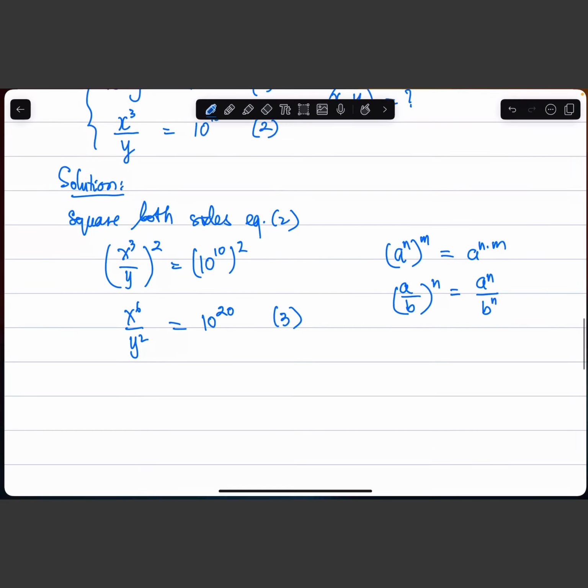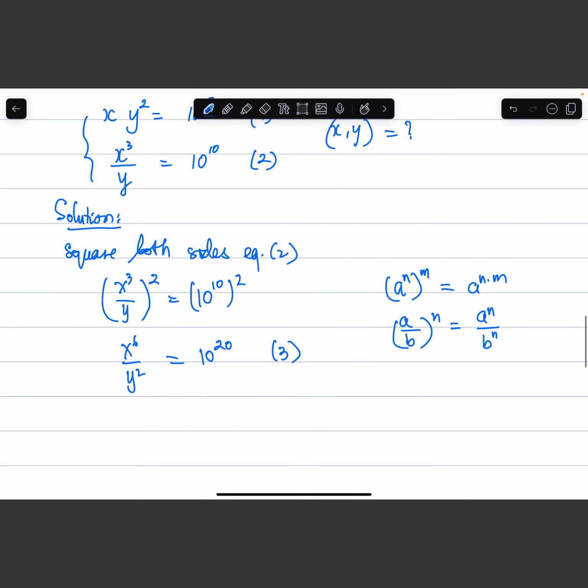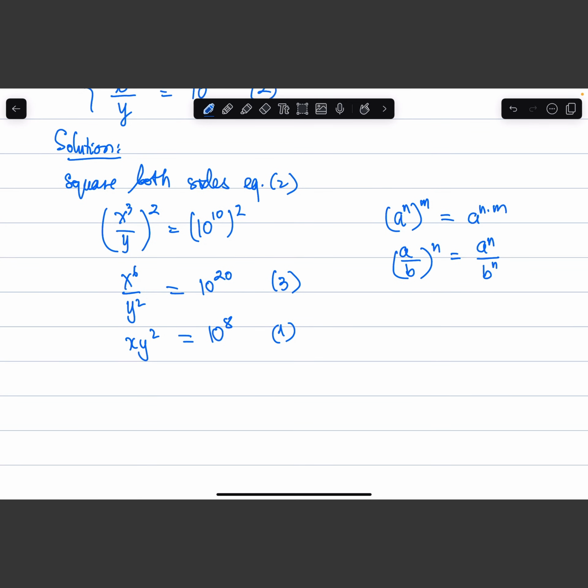So I rewrite equation 1. Equation 1 is xy squared is equal to 10 to the power 8. And now I want to multiply equation 3 by equation 1.